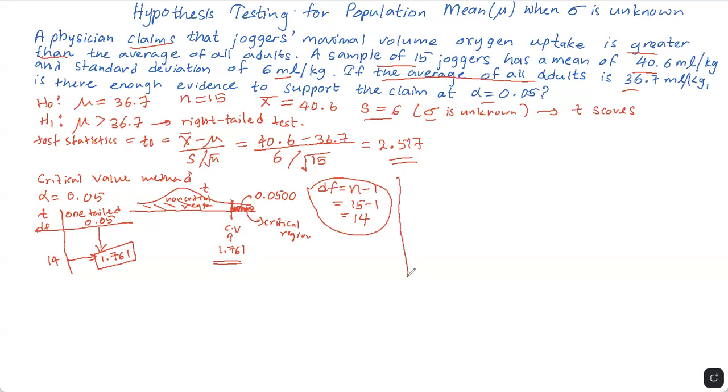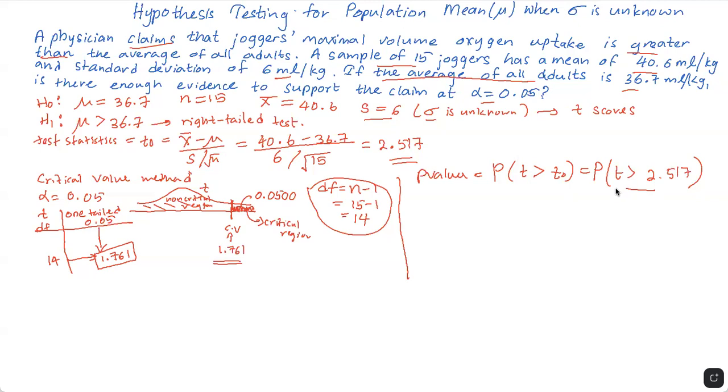Now let's look at the p-value method. We need to find the p-value for this test. You know, p-value is the probability of getting extreme test statistic or the sample statistics when the null hypothesis is true. So in this case, we are in the right tail, so the t-value greater than t0. Your t0 is the test statistic value, which is 2.517.